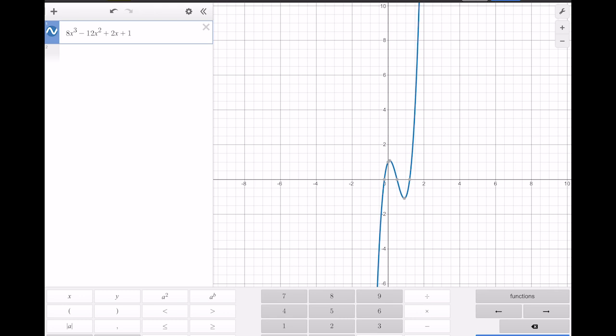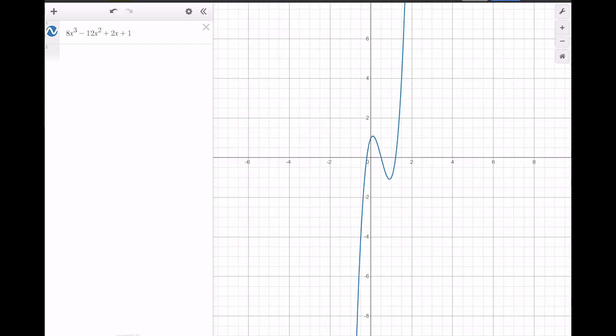That's something that I notice. The other thing I notice is that there are 2 turning points. There's a turning point right there, so the graph is switching direction. And then there's another turning point right there. So it's got 2 turning points.